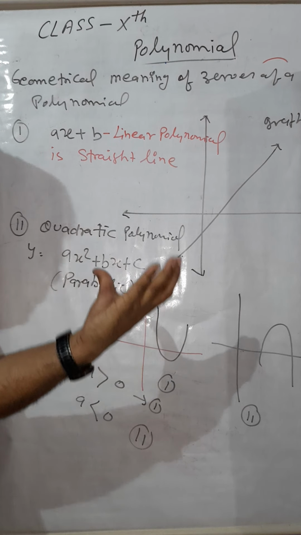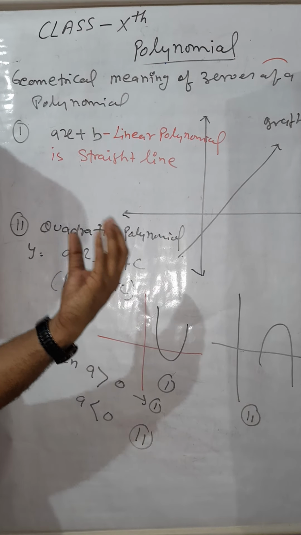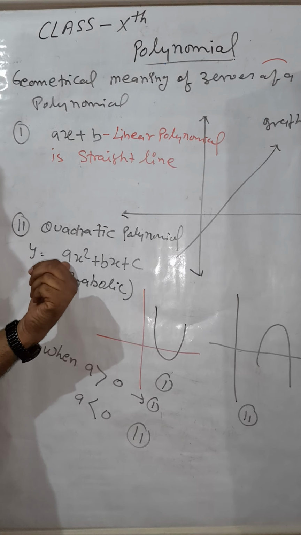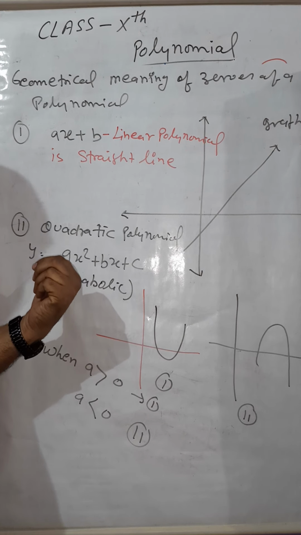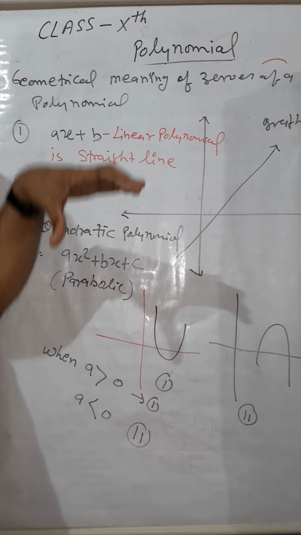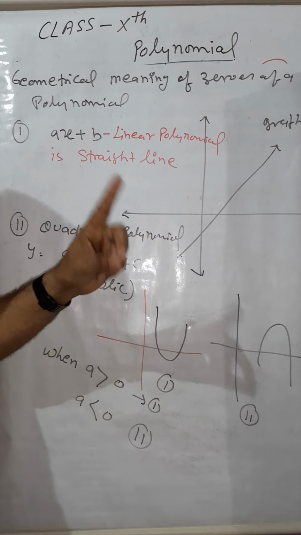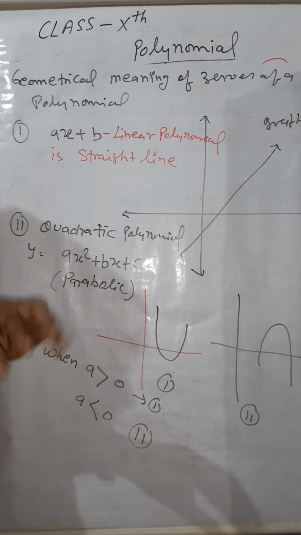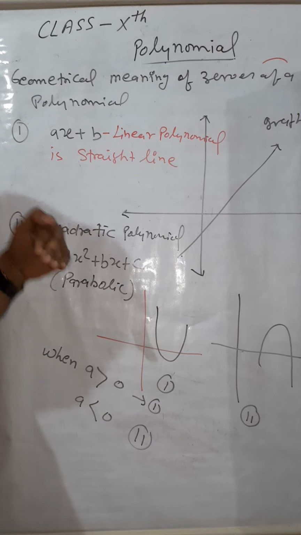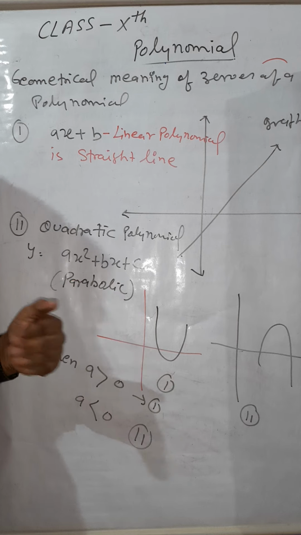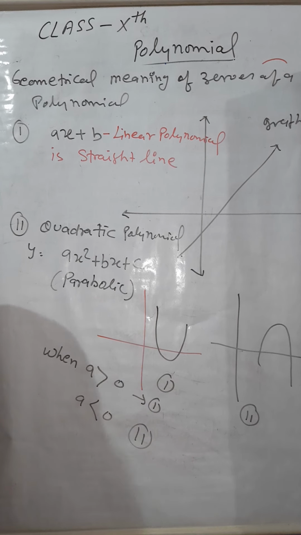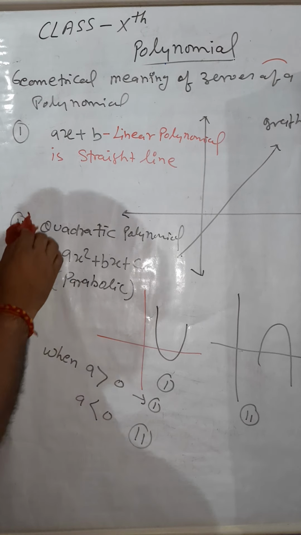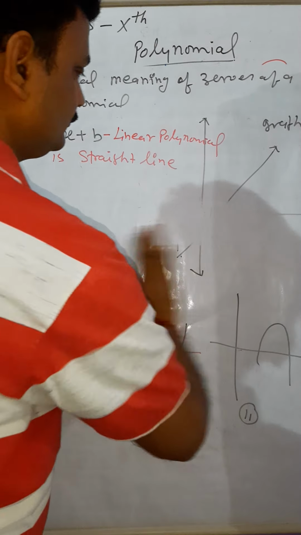If it opens upward, the coefficient of x square is greater than 0, and if it opens downward, a is less than 0. So these are the figures by which we can explain the nature of a quadratic polynomial.